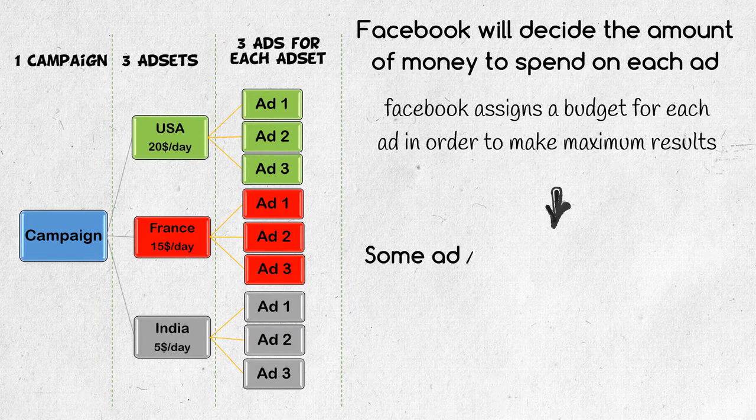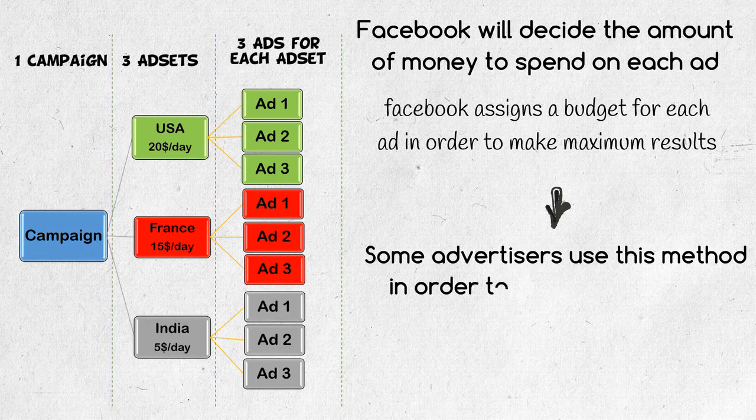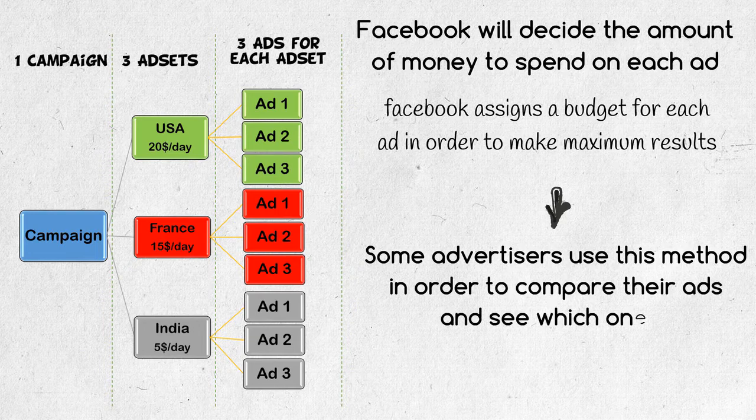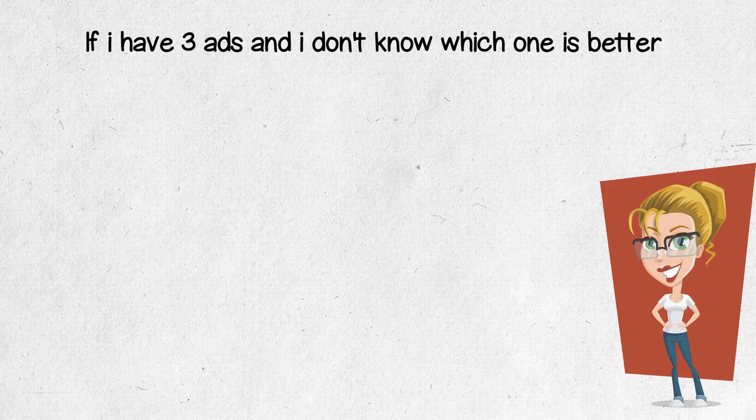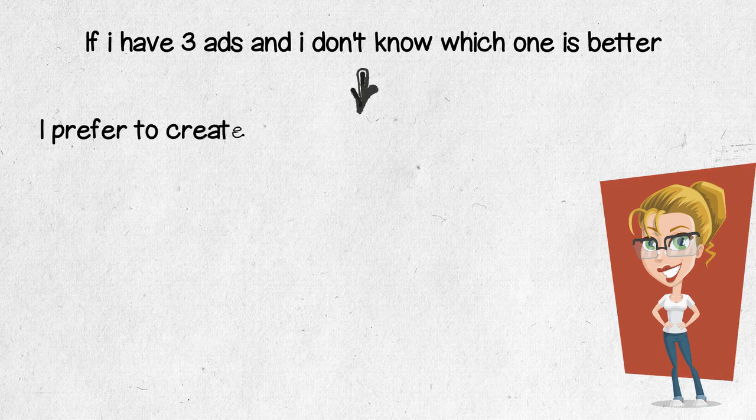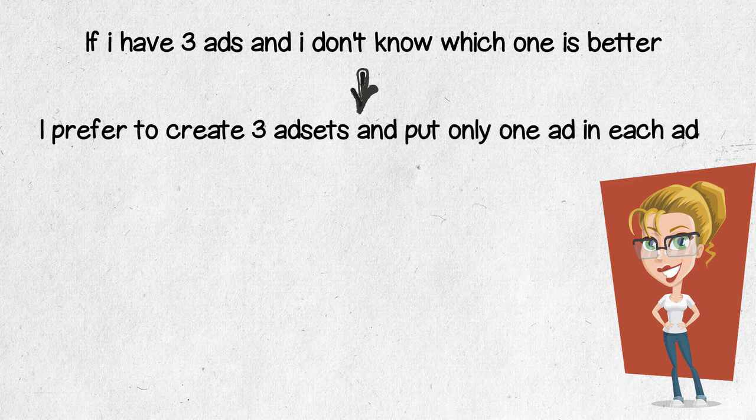Some advertisers use this method in order to compare their ads and see which one is performing better, and it could work for you. But I personally had little success with this. So if I have 3 ads and I don't know which one is better, I prefer to create 3 ad sets and put only 1 ad in each one.